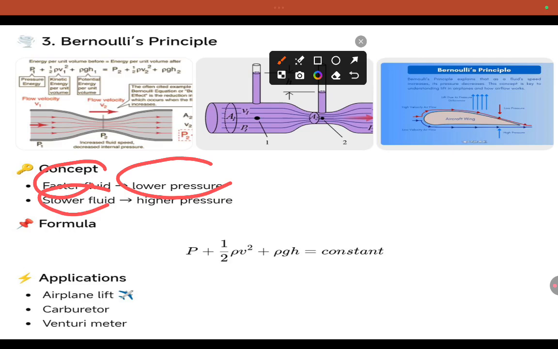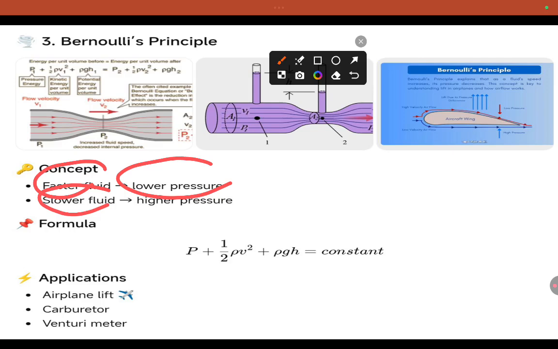Here you can see the tube for the Bernoulli principle. It is applicable to aeroplane lift and Venturi meters. The pink-colored one shows the shape of the Venturi meter, indicating the flowing conditions.